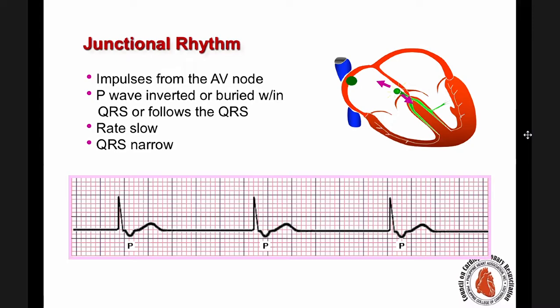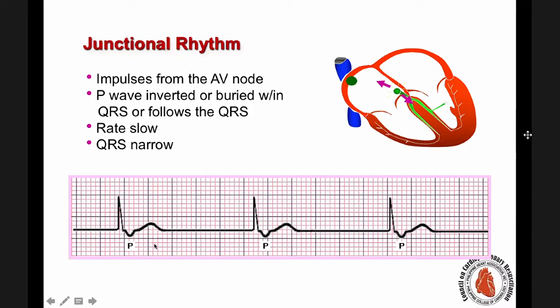And so because the conduction is coming from the AV node, kaya wala siyang P wave dito. So this is a QRS, pero nandito na yung P wave mo because the electrical impulse started at the AV node, it will conduct to the ventricles, it produced a QRS complex, pero it will conduct backward to the atria, and that's why it's able to produce this inverted P wave.